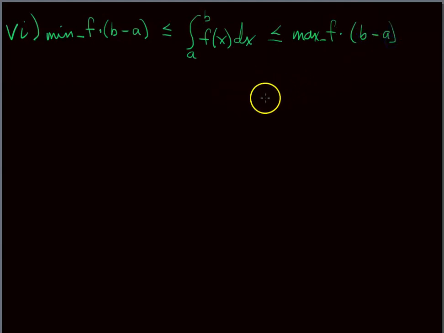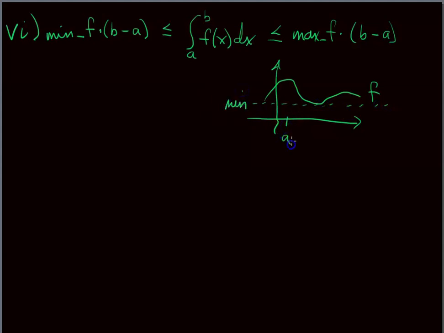Now this should make sense if you think about it. Suppose you've got a function f that does something like this. That's the function f. The minimum value is this one down here. You go from this a to this b, and you have a maximum up here. This is if they have them. If they don't have a min or max, this doesn't work.